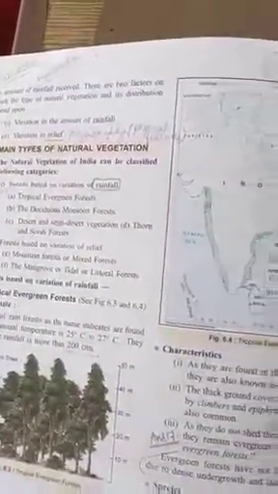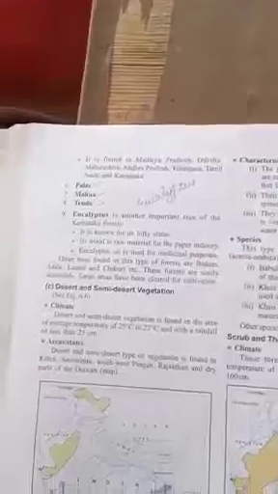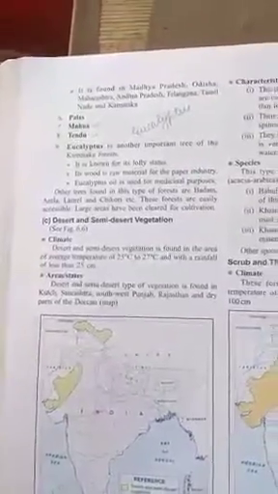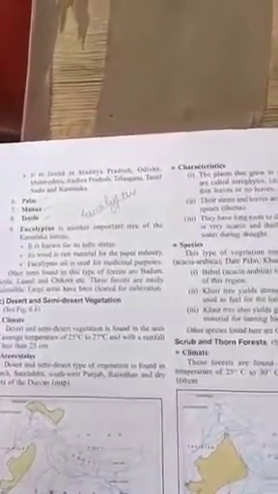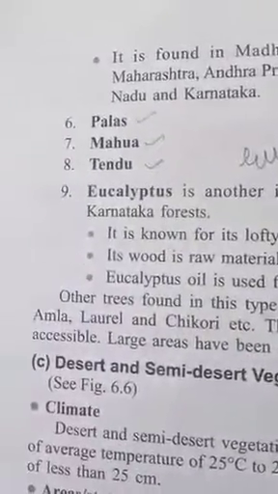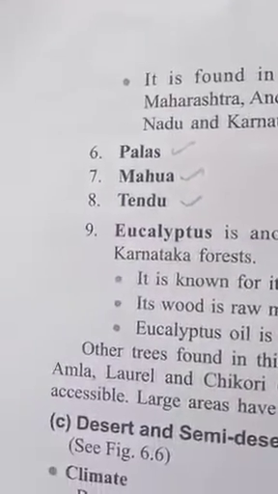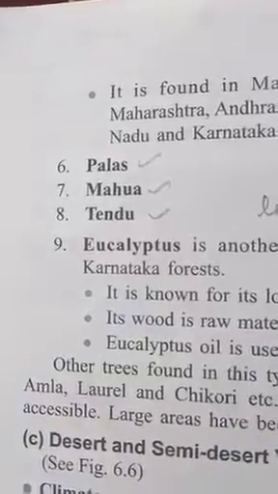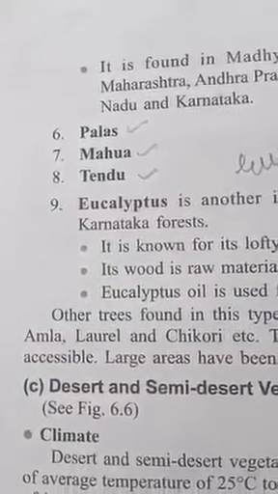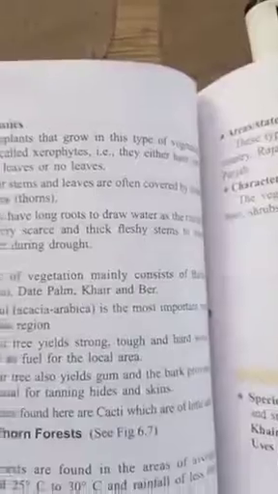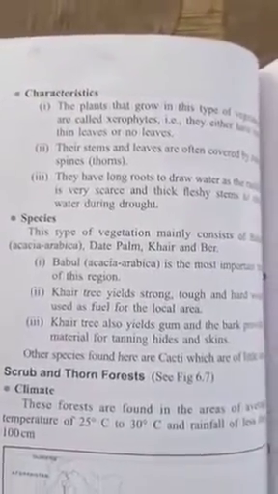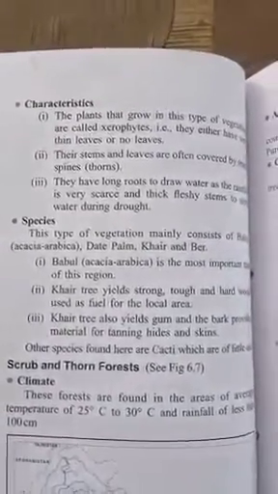After reading, I explained to you properly what things we will read about this chapter, what we will read about desert and semi-desert, and I told you one very important thing, that you have to learn all the tree species names like palas, mahua, tendu, eucalyptus trees, where all these trees are found, which area, which states, like acacia, arabica, and all that. You have to learn that.